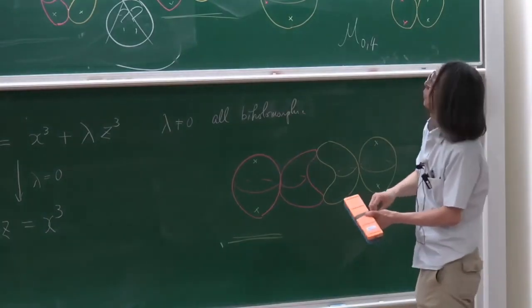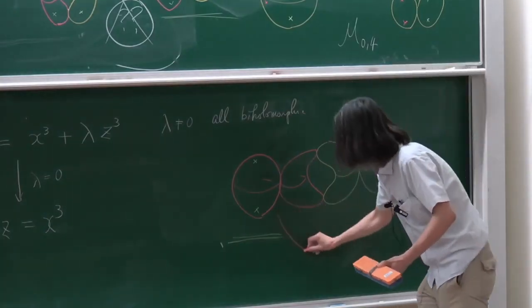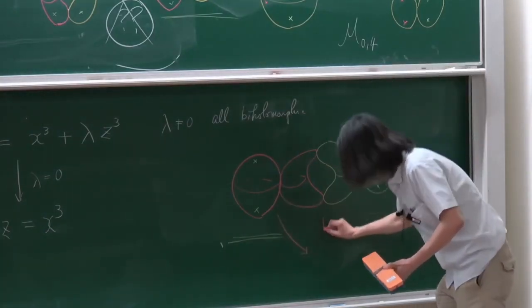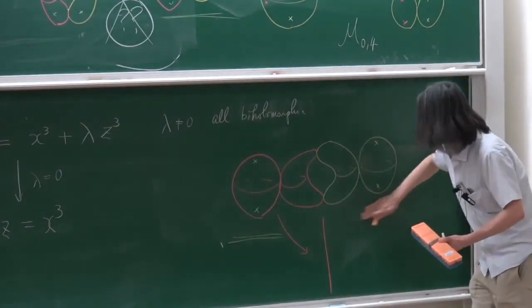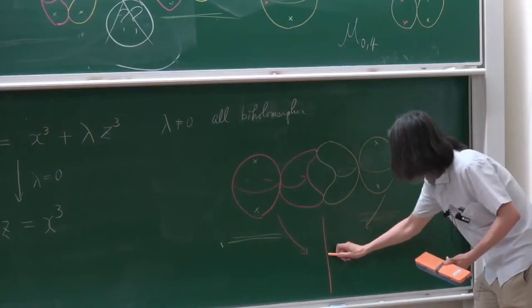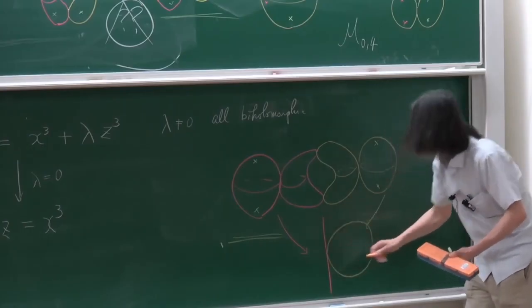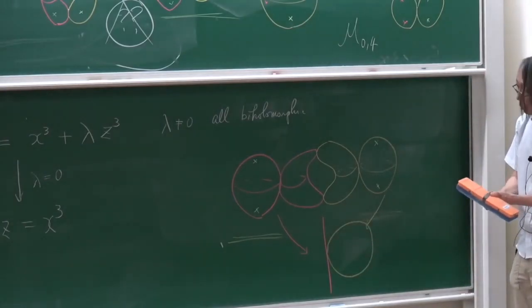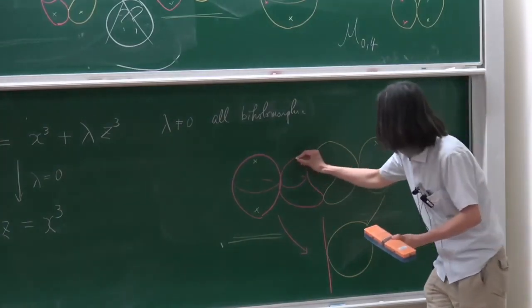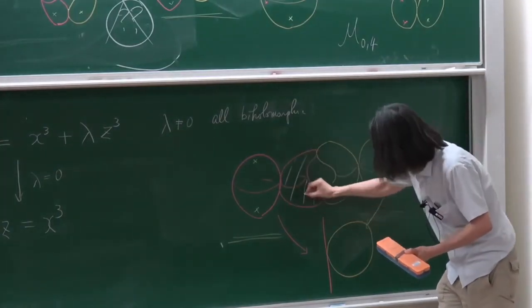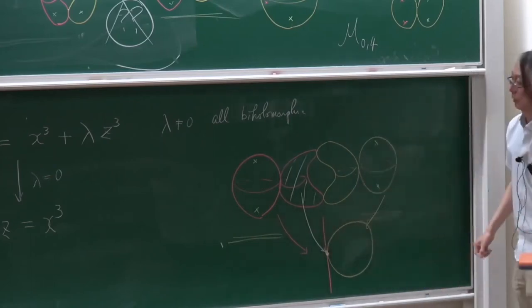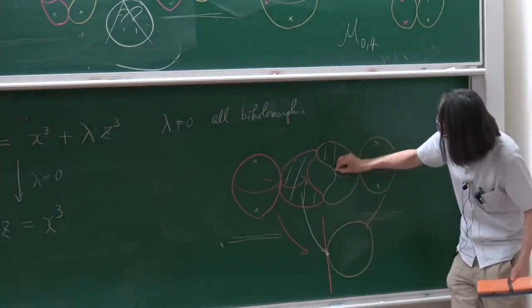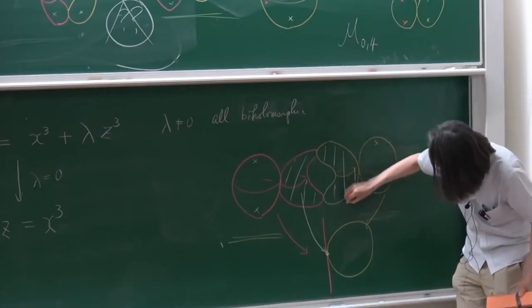From this component, it is actually mapped to this, right? And from this component, it is mapped to this tangent conic. But the whole of this is mapped to this point. And this one is also mapped to this point.